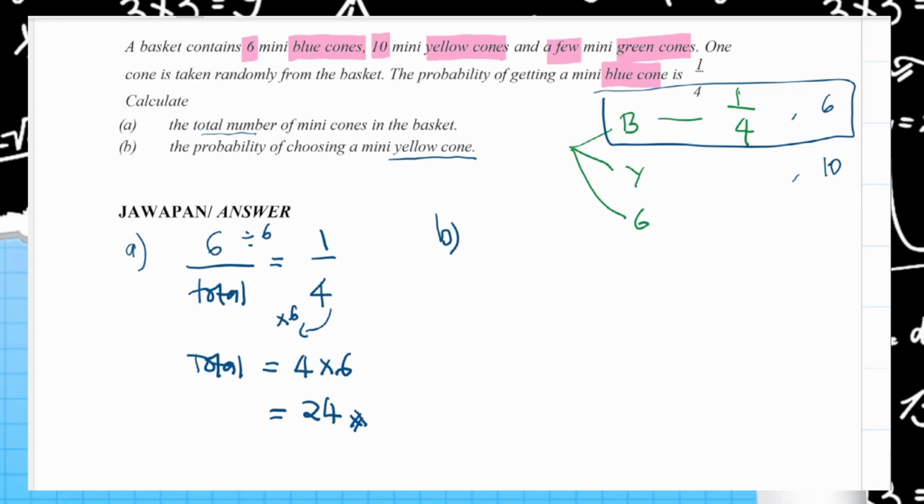So 15 over 100 times 3 times 60. Simplify: 2 times 5, 3 times 5, 1 times 2, 3 times 2. So 3 times 3 times 3. So you will get 27.